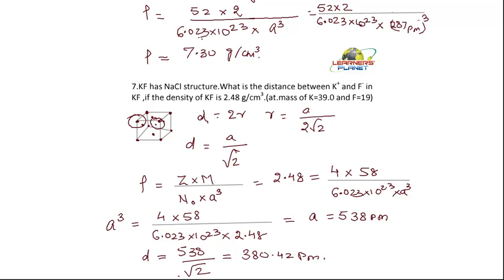So that is the nearest neighbor distance. That is the distance between the centers of the two spheres. So this is the way you can find it: the distance between the centers is equal to 2r, and r is the value, right?